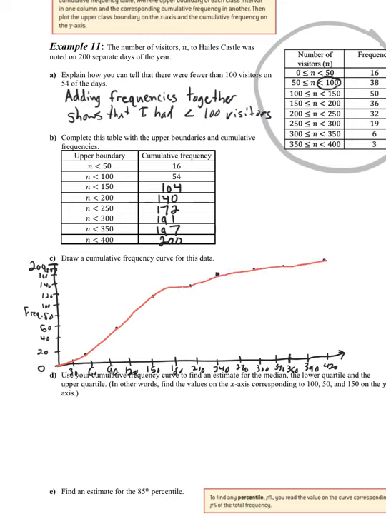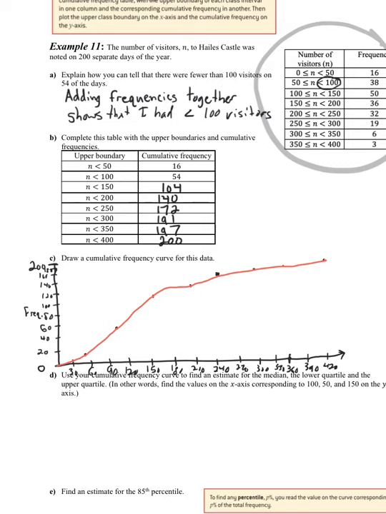And that's what a cumulative frequency curve is going to look like. It picks up pretty quickly. Mine's really stretched out, so it doesn't look the prettiest. And then it'll kind of flatten out again at the top.